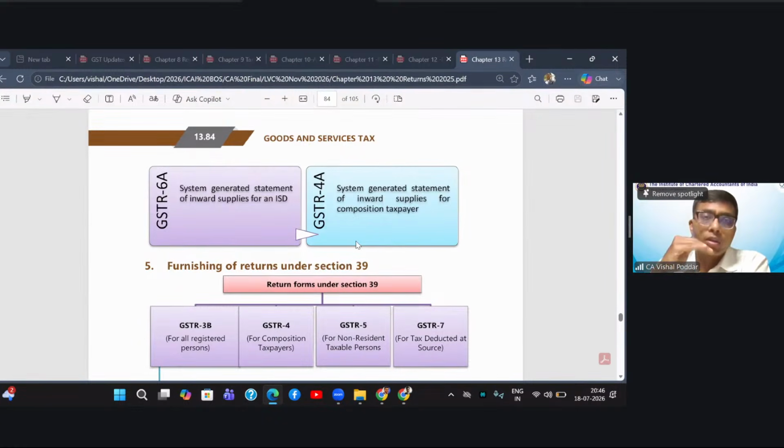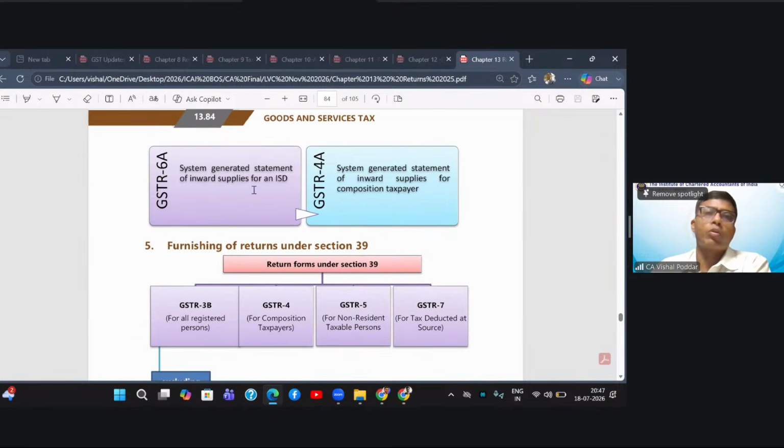So for the ISD, it is reflected in their GSTR 6A. So wherever an ISD wants to see what its inward supplies details auto-populated are, it will find it in GSTR 6A. Similarly, where a composition dealer wants to see what the inward supplies are, it will be auto-populated in GSTR 4A. So for ISD and for composition taxpayer, there is no 2A and 2B because that will auto-populate in 6A and 4A respectively.